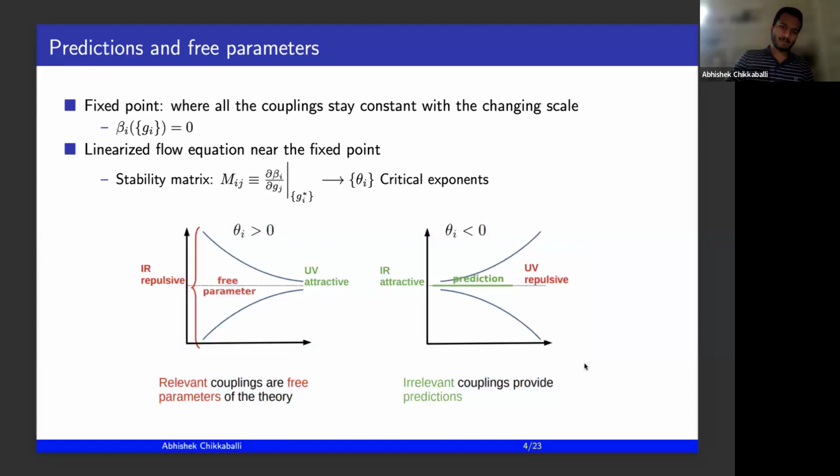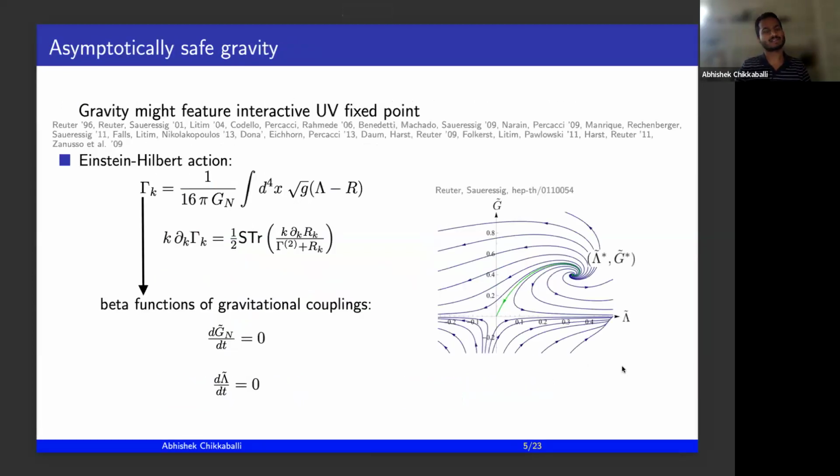So there are many large N gauge theories which are actually UV complete and have a finite number of free parameters. And there is also growing evidence suggesting that gravity could also be an asymptotically safe theory, as many of the people who have also spoken in this seminar series have shown.